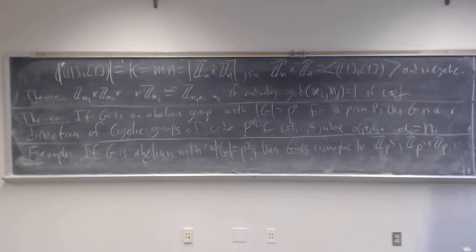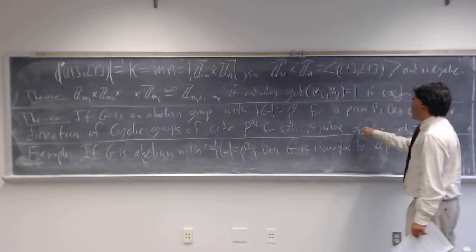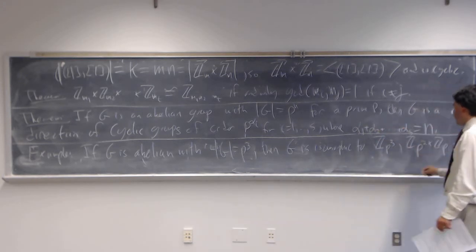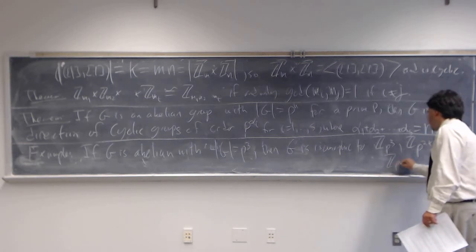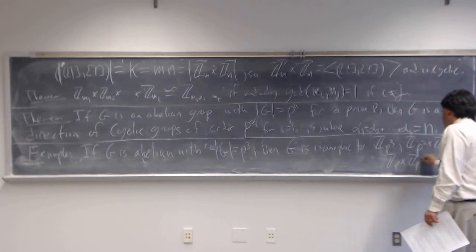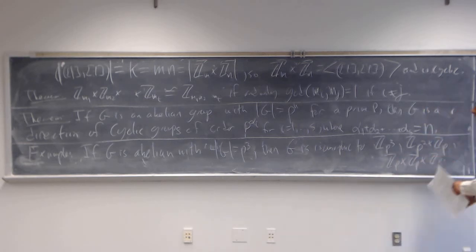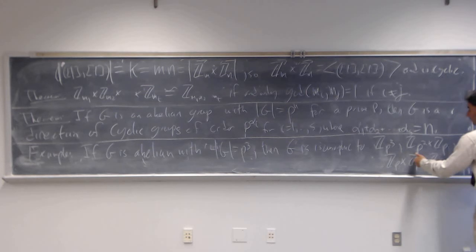And you could also break up 3, the exponent being 3, as 1 plus 1 plus 1 equals 3. So that would be Zp cross Zp cross Zp. Again, the group G itself is a direct product of cyclic groups, but then each of these cyclic groups has to be isomorphic to one of those.